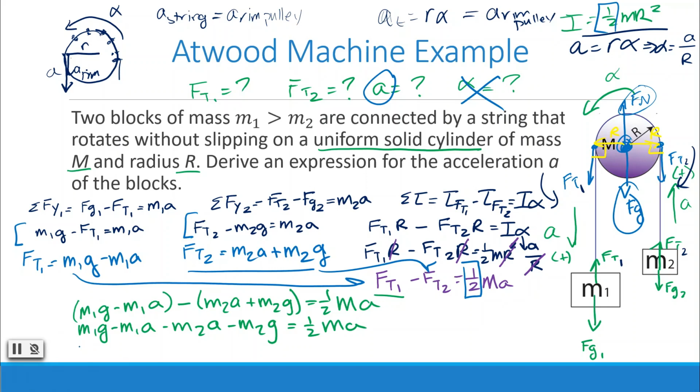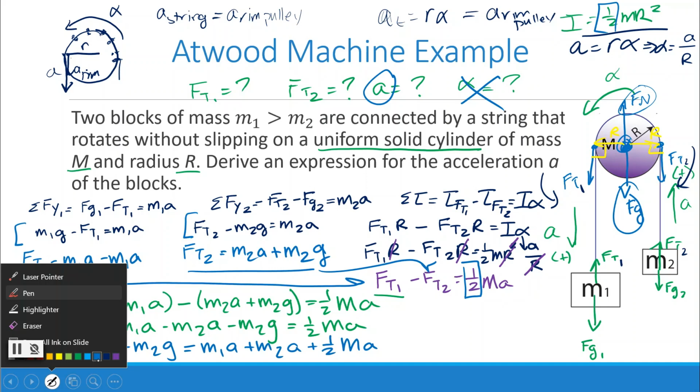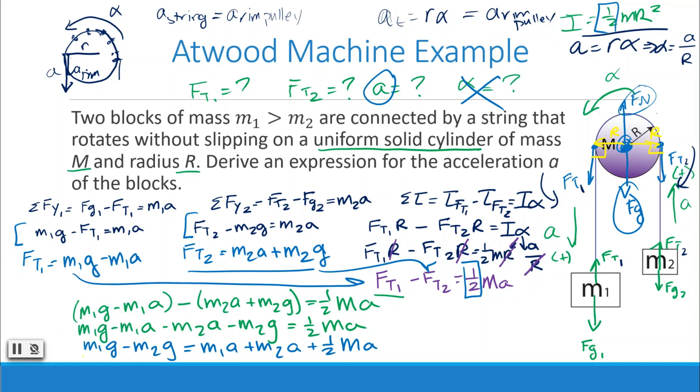So that's going to give me m1g minus m2g is equal to m1a plus m2a plus 1/2 Ma. I can then group all the a terms together and the g terms together. I'm going to get m1 minus m2 times g is equal to m1 plus m2 plus 1/2 of M times a.